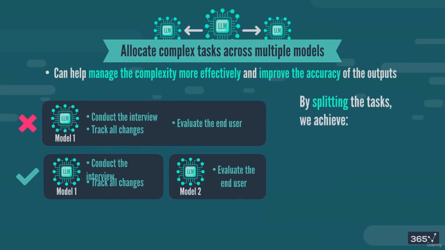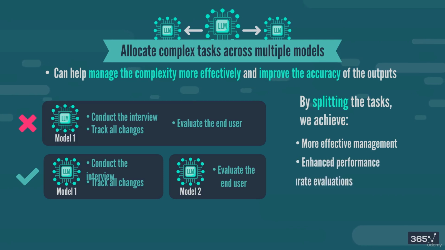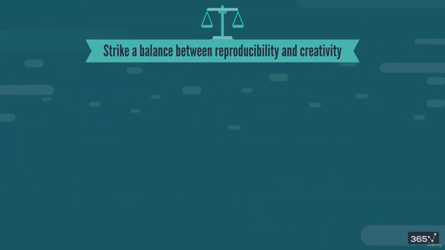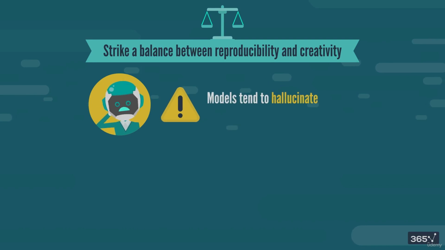By splitting the tasks, we can manage each tool aspect more effectively, leading to enhanced performance, accurate evaluations, and efficient use of tokens. Strike a balance between reproducibility and creativity. LLMs have a natural tendency to hallucinate, generating information that is believable but incorrect.